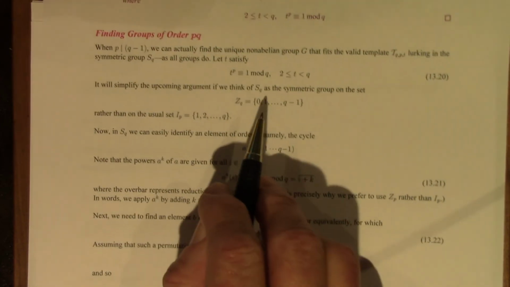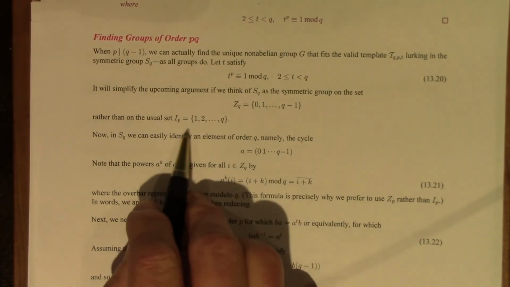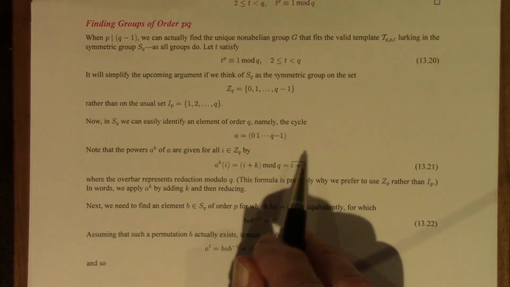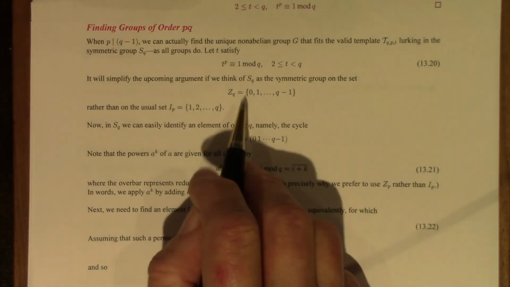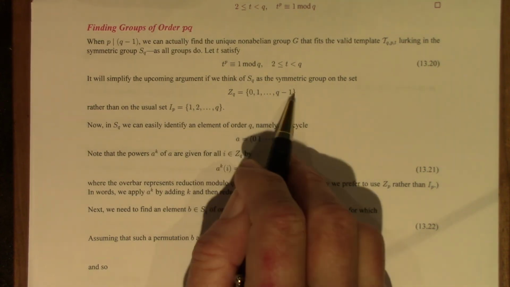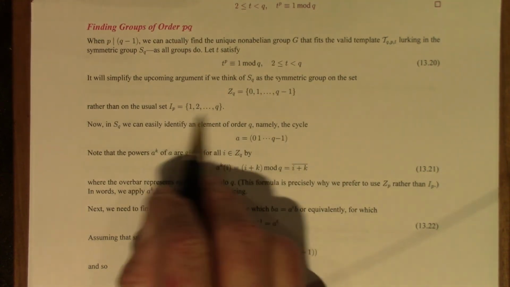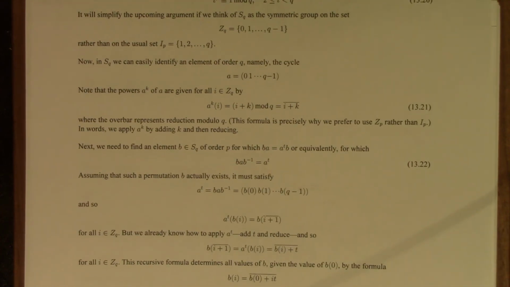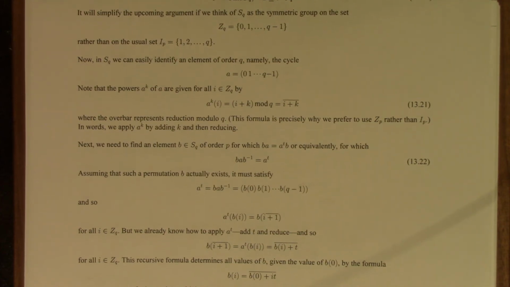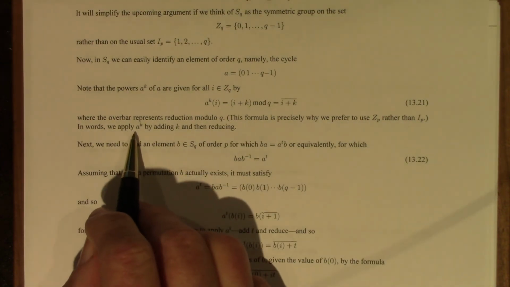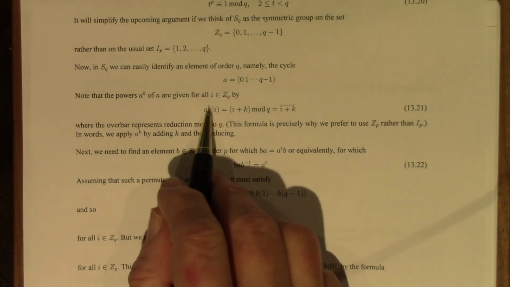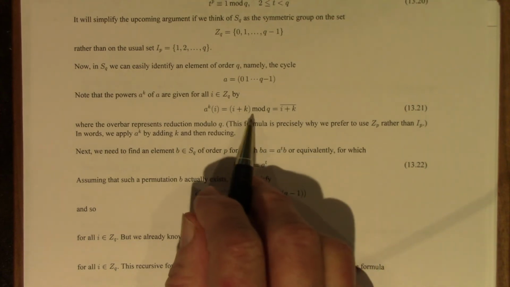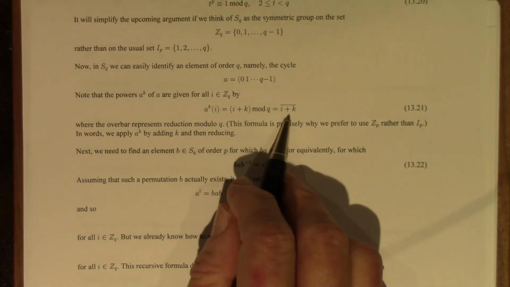And this is why I want to use this set rather than this set, because the residue classes mod Q would be 0 through Q minus 1 rather than 1 through Q. So it'll work, but then you're going to have to deal with, well, if the residue is 0, replace it by Q, and it's not worth the trouble. So in words, applying A to the K to I just says add K and reduce.